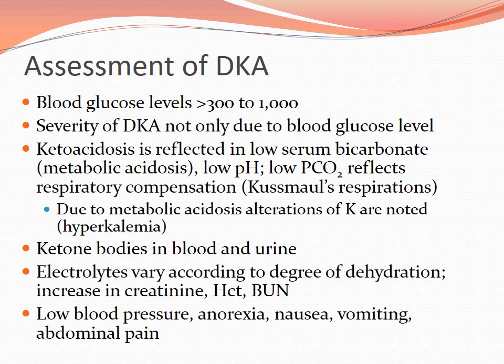Okay, because the cells are deprived of the sugar, the body tries to get rid of the excessive amount of glucose in the vasculature. So the kidneys start producing urine, and we see polyuria. Because of the polyuria, we see dehydration.